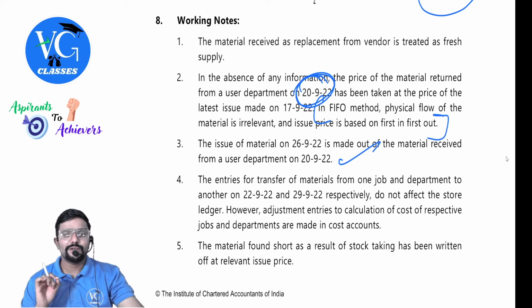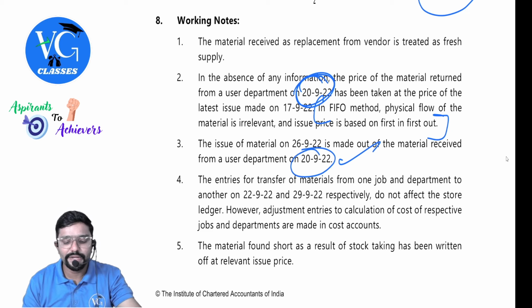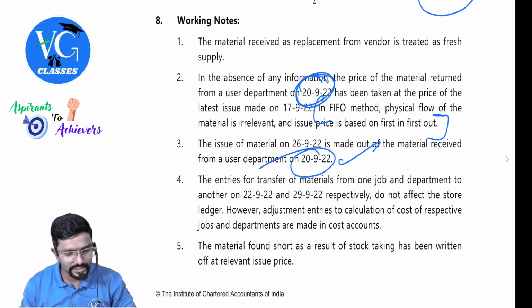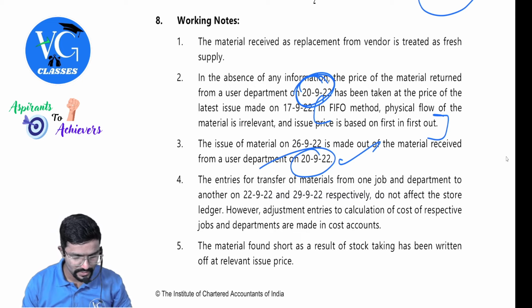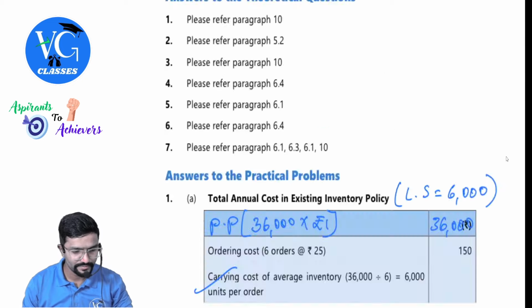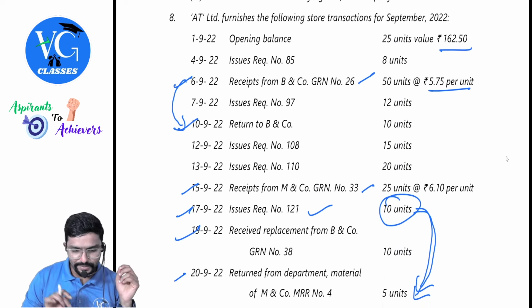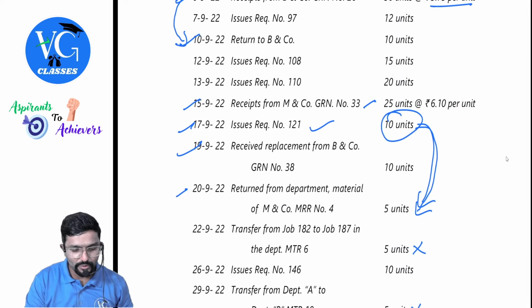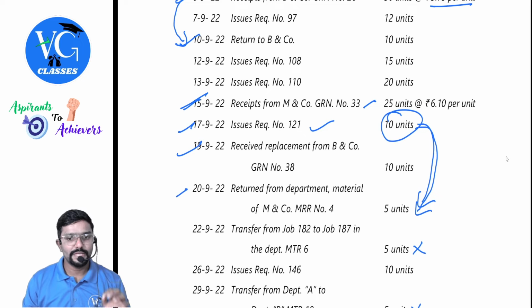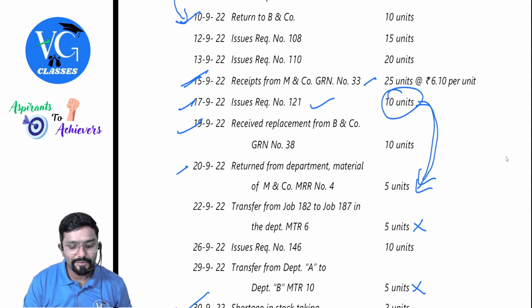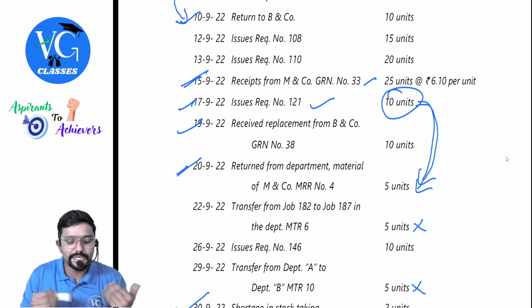I will read that third note again. The issue of materials on 26th September is made out of the material received from the user department on 20th September. I will just show the question and explain this once again, because students might get confused here. Listen. I purchased the goods from M and Co on 15th. Then they clearly told that what I have issued from the M and Co lot is returned back.